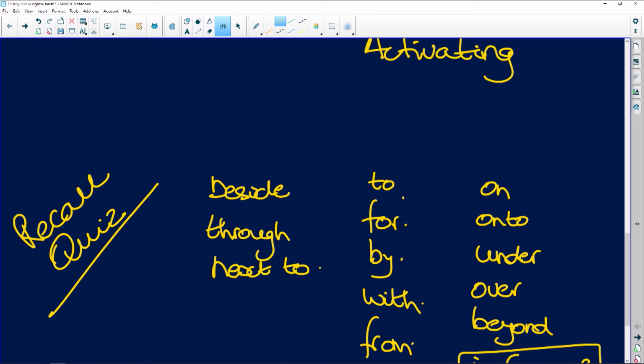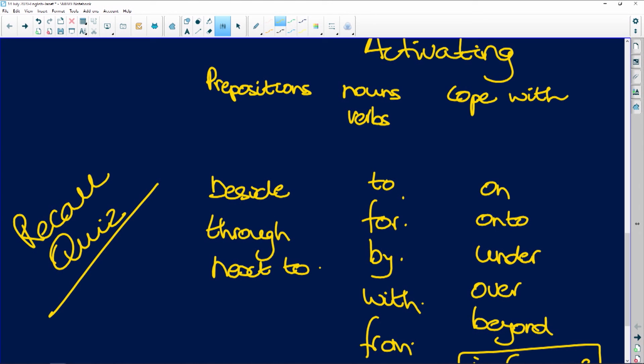So you need to know that certain prepositions follow certain nouns or especially verbs. I'm thinking of a verb like cope. A number of my students say cope up. No, in English, we cope with.